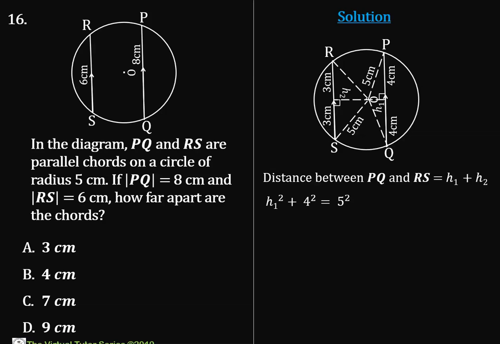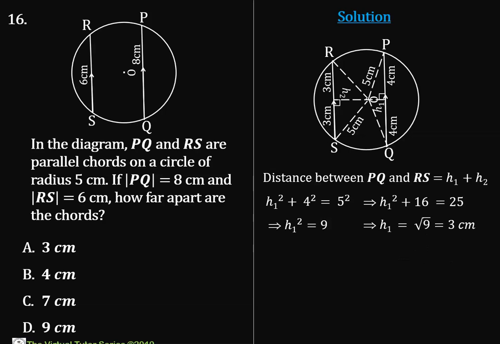So we have H1 squared plus 16 equal to 25. Subtracting 16 from both sides of the equation gives H1 squared equal to 9. We solve for H1 by finding the square root of 9, which is 3. Hence, H1 is 3 centimeters.